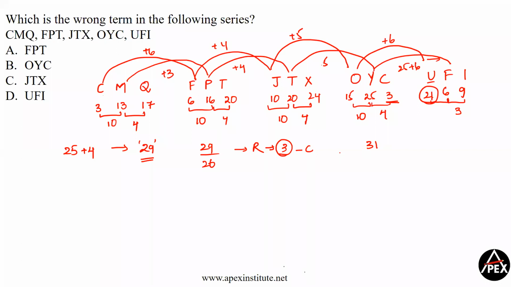So what is the 31st alphabet? Divide 31 by 26 and find the remainder.